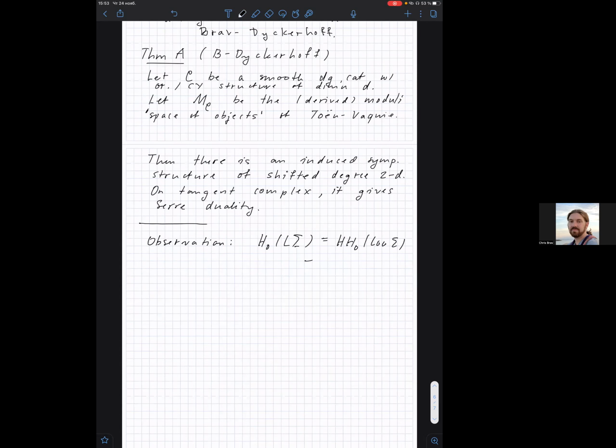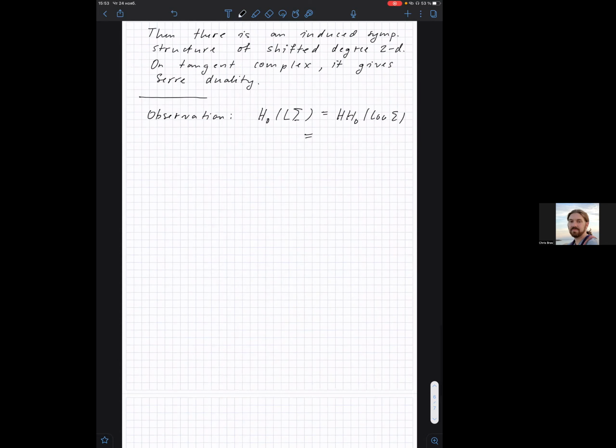But in fact, by the way the invariance works out, I can rotate a loop, and that corresponds to the circle action on Hochschild homology. So this is actually cyclic homology.